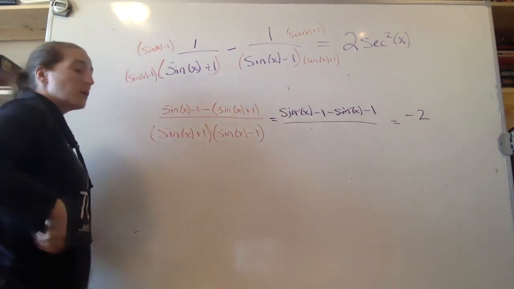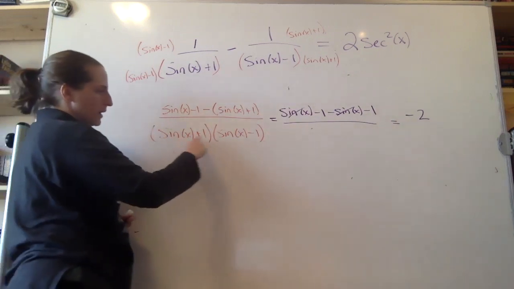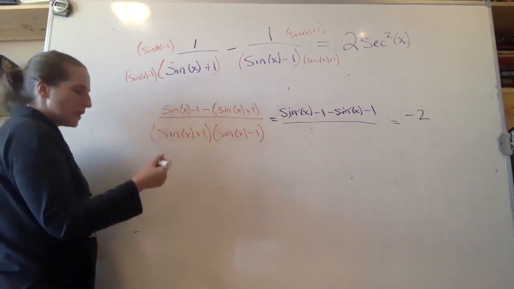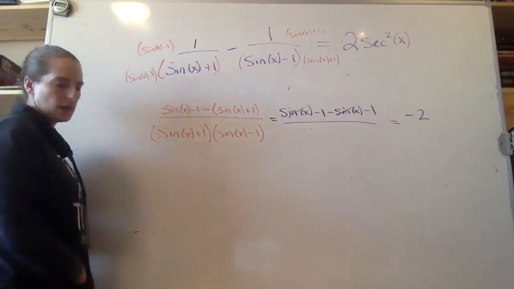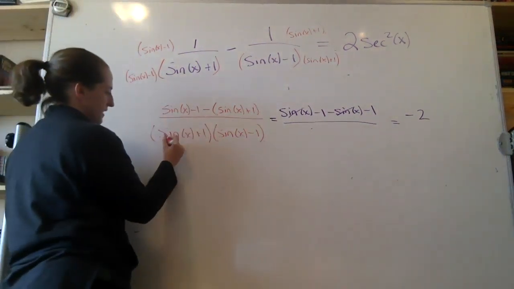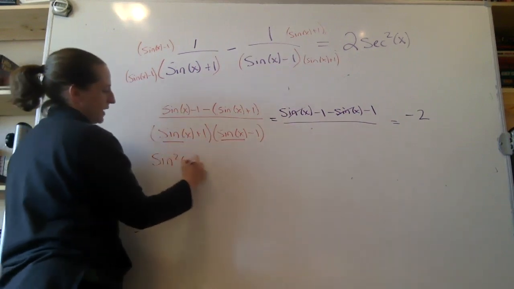All right, we're going to want to expand that using FOIL, right? This is a 2-term polynomial times a 2-term polynomial. When we multiply those together, FOIL is a handy way to do that, okay? So FOIL says first, sine of x times sine of x is sine squared of x.